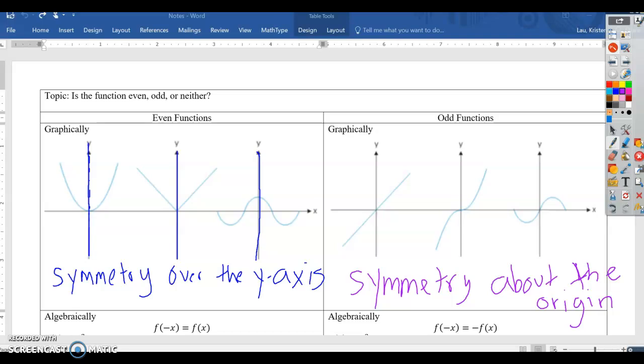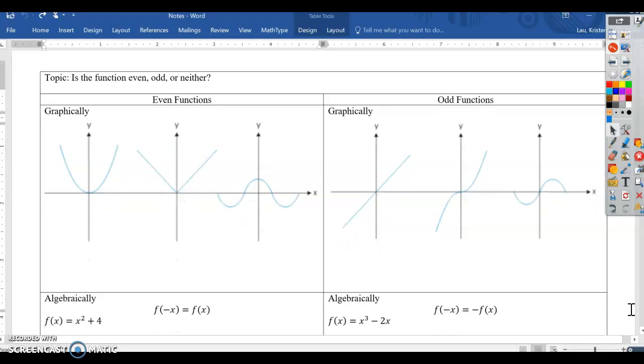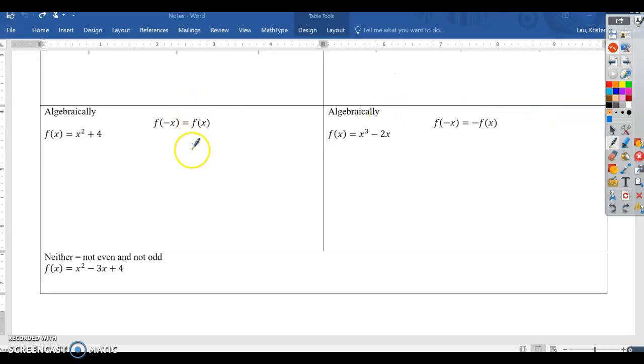Okay, so now I'm going to look at how I can tell if the graph is even, odd, or neither algebraically, or from an equation. It's very simple, and I'm going to show you with an example, because it'll probably make a little bit more sense. Algebraically, if f of negative x is the same thing as f of x, okay? Right here, I'm going to plug negative x into this equation.